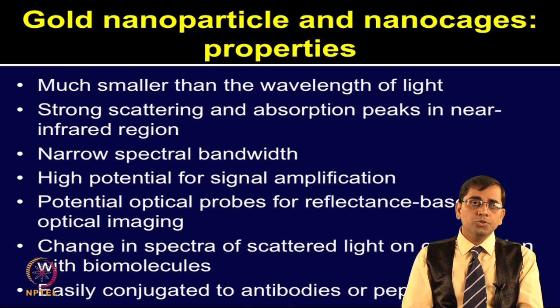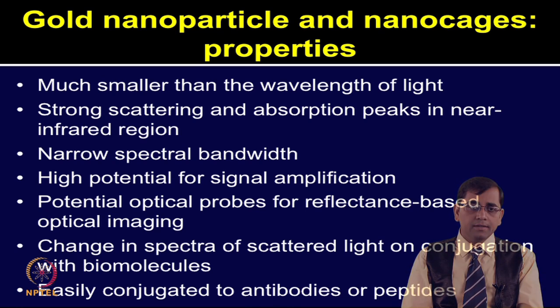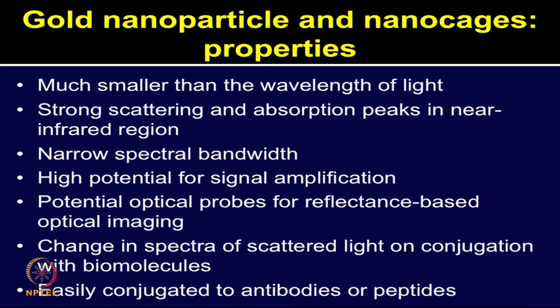They can be easily conjugated to antibodies or peptides, and the change in spectra of scattered light on conjugation with biomolecules is observed by using these gold nanoparticles and nanocages. Some of the studies have also shown that gold nanocages can be conveniently functionalized with tumor specific antibodies, and it serves as contrast agent for optical coherence tomography.